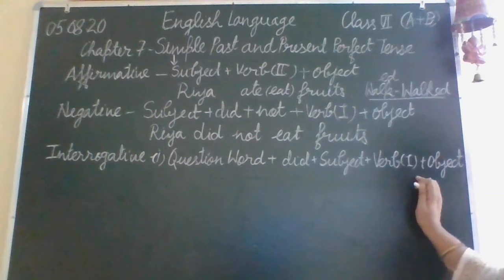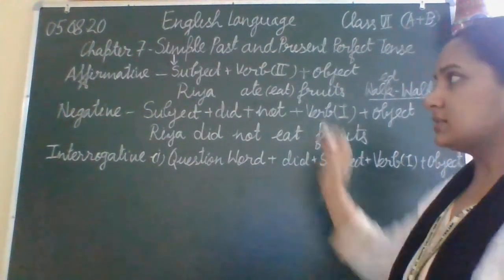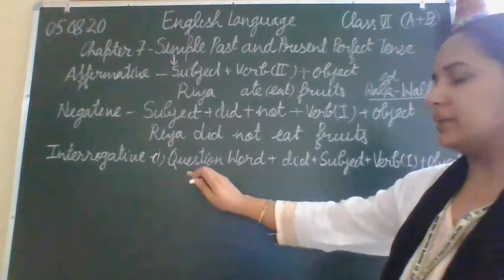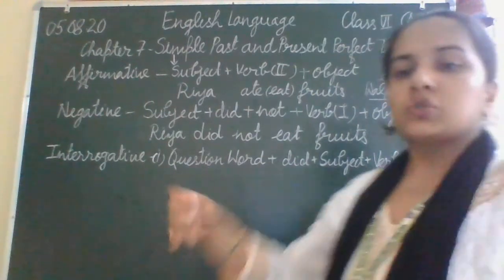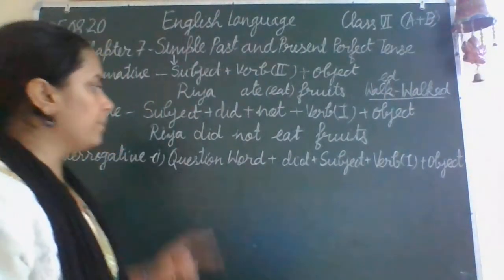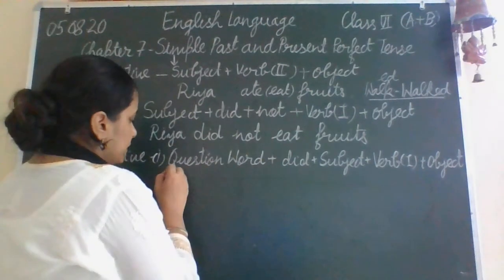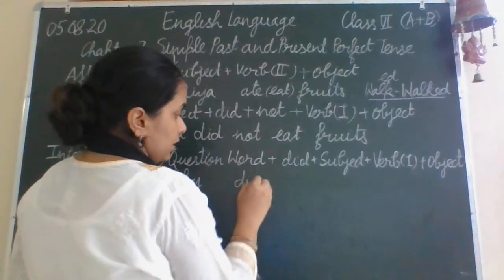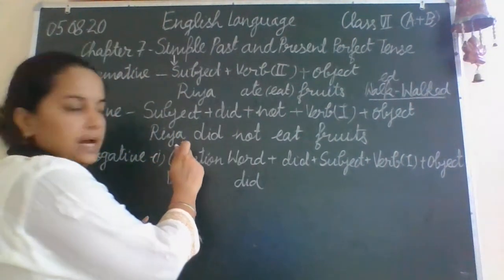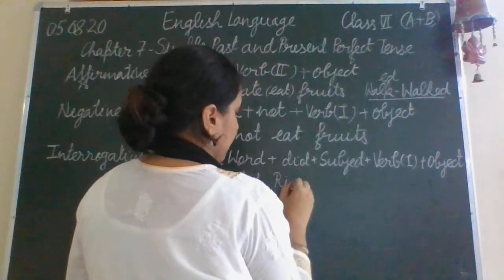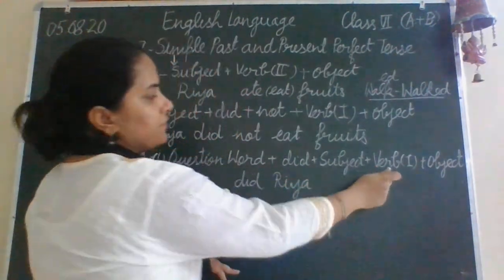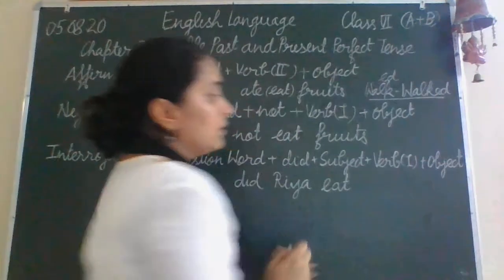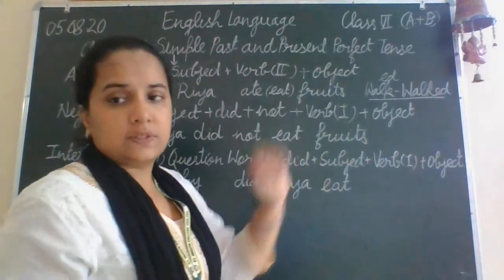This would be the structure of the interrogative sentence in the simple past when the sentence starts with the question word. If we take the same example again, suppose the question word I am taking is why. Then did, the subject is Ria, the first form of verb is eat, and the object is fruits.